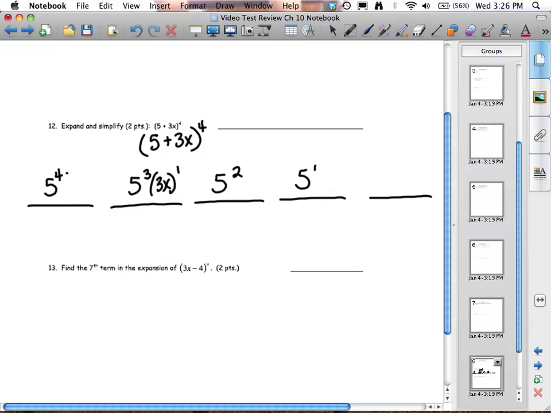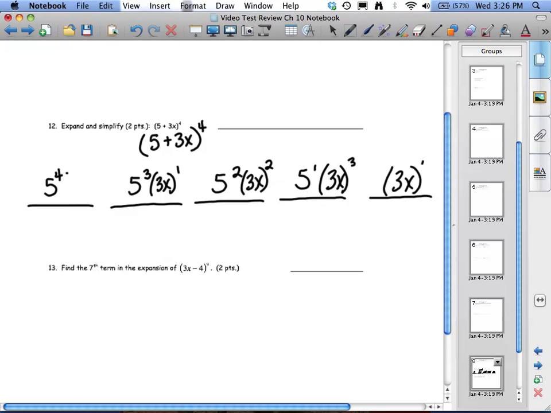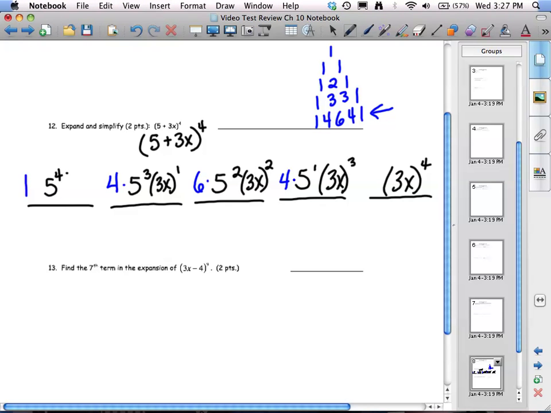3x to the 1st, 3x squared, 3x cubed, 3x to the 4th. Now, if you like using Pascal's triangle, you'll notice this is what we need: 1, 4, 6, 4, 1.